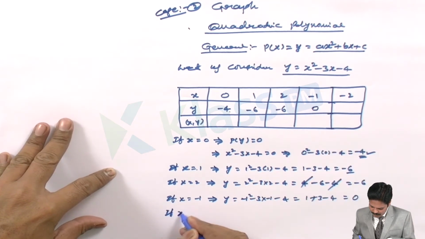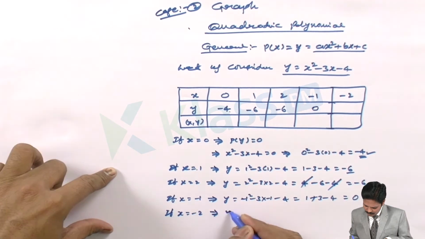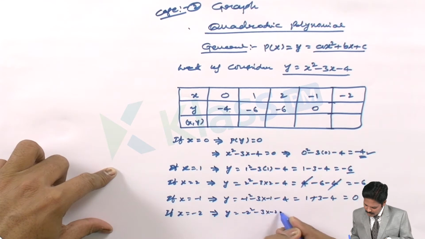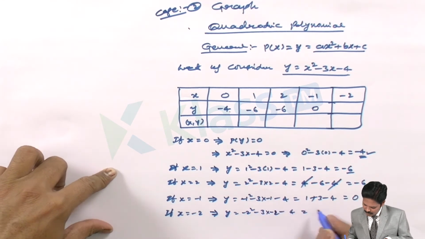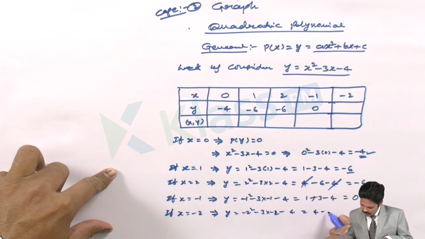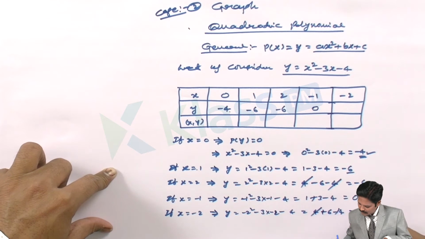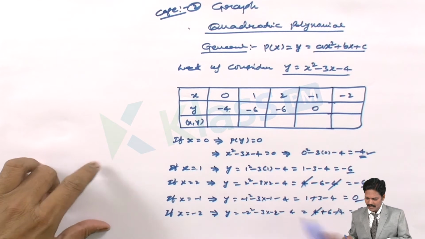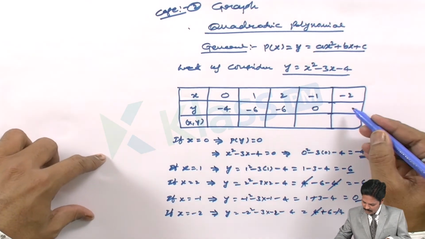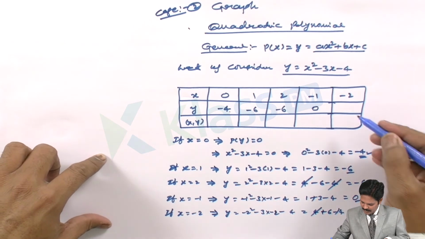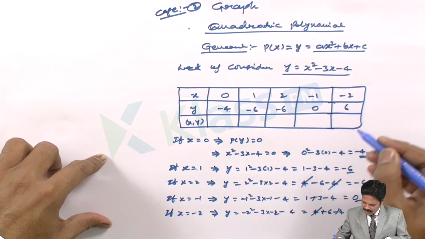If we are taking minus 2, y is equal to minus 2 square minus 3 into minus 2 minus 4, and 4, minus into minus is plus 6, minus 4. Then here we are having the value 6. So here I am taking minus 4, minus 6, minus 6, 0 and 6.